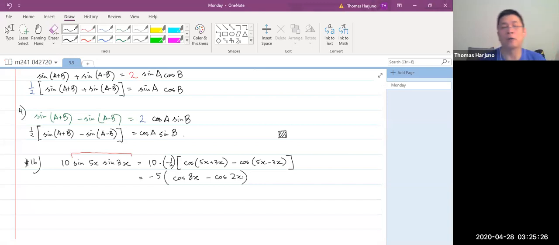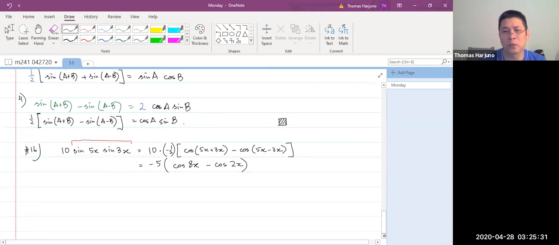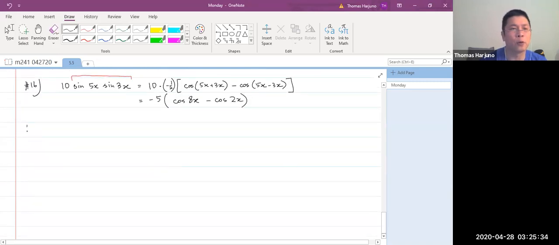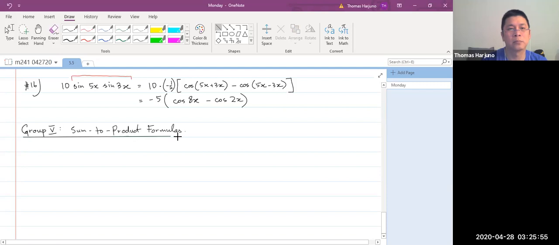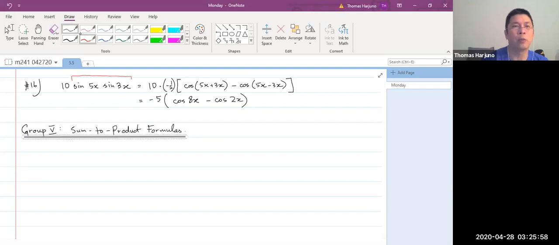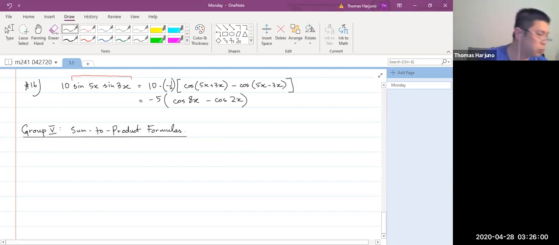Okay, now that's group number 4. Group 5, that's sum to product formulas. Again, you don't need to memorize this formula, but you need to know how to use it.